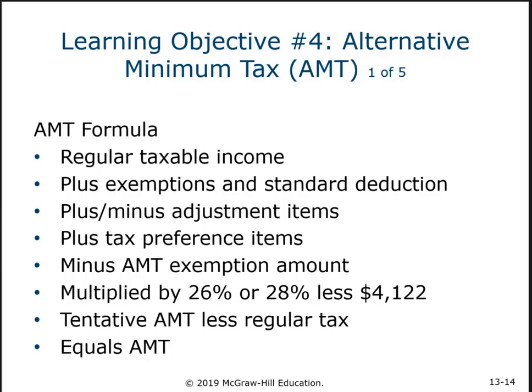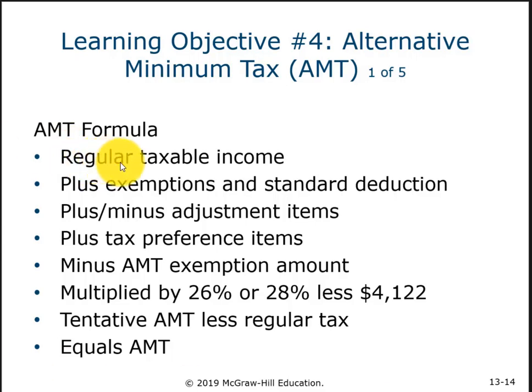So this is what you would go through after you've done the regular tax. You start with your regular taxable income, not AGI, not adjusted gross income, but taxable income. So you've subtracted out either the itemized deductions or your standard deduction.